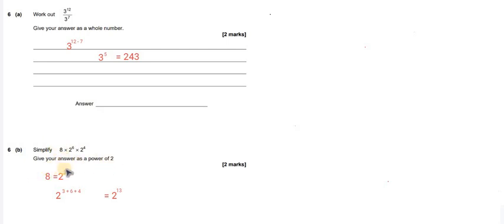So product of prime factors. So 8 as a product of prime factors is 2 to the power of 3. So that makes it easy for us because they all have the same base. We just add the powers. Okay, so that's 2 to the power of 3 plus 6 plus 4. Okay, you add that all together, that's 13. So you have 2 to the power of 13.